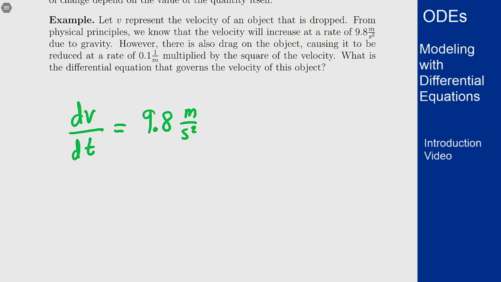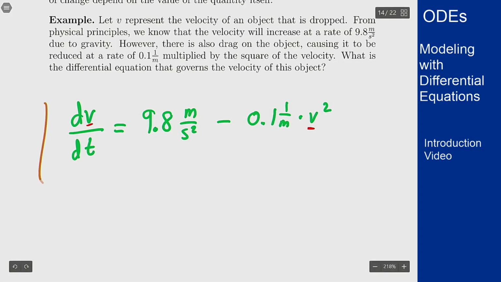How are we taking away from the velocity? We're taking away via drag, which is given by 0.1 inverse meters times the square of the velocity. So times this v squared. This v is the same as the v that's in my equation itself.